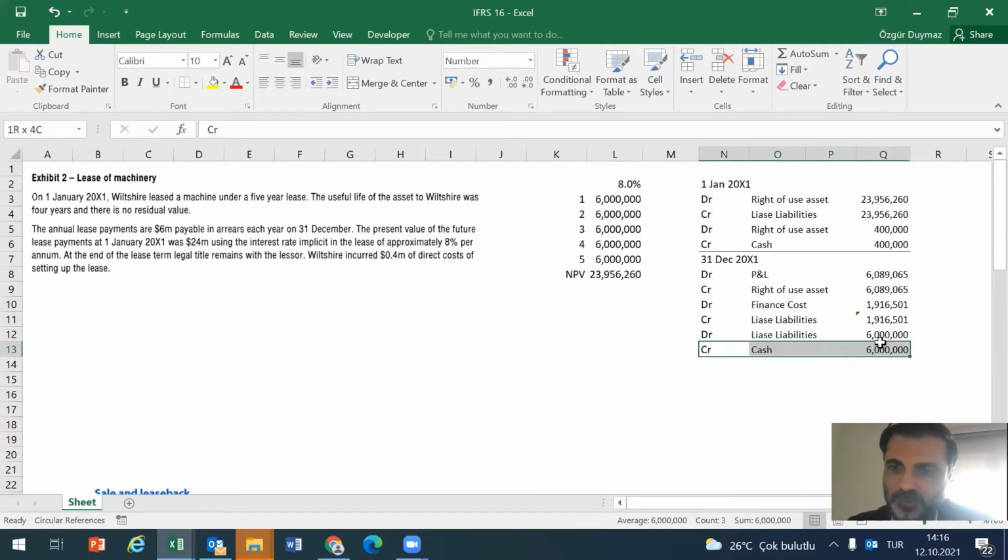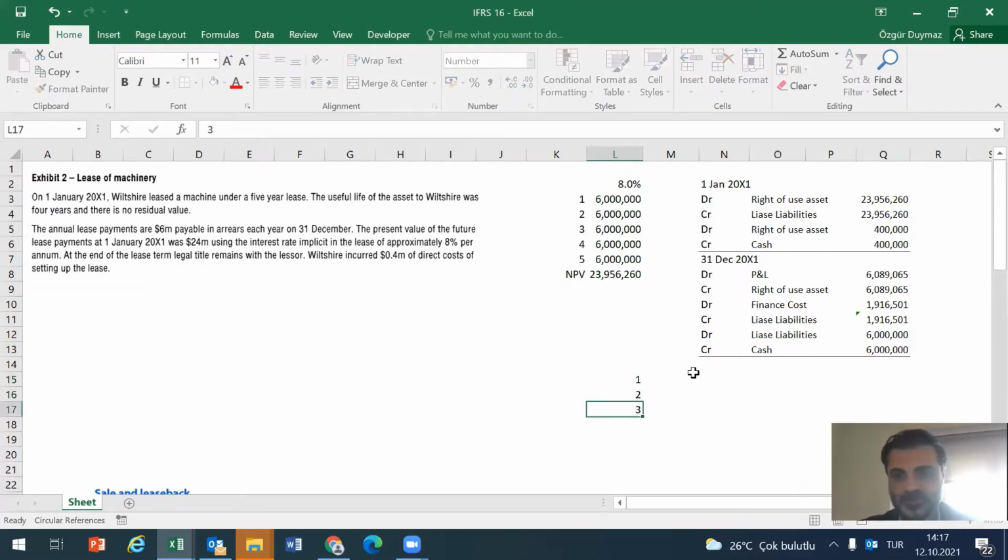In order to calculate the future balance of leasing liabilities, we might together prepare a table here. Year 1, year 2, 3, 4, 5, because it was a 5 year arrangement.